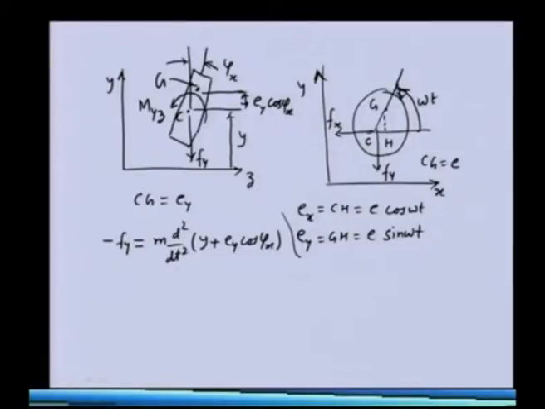Apart from this, we will be having a moment. So, if you are taking moment, let us say about the center of gravity, then we have the moment due to this force Fy. The moment arm will be Ey sin phi y.